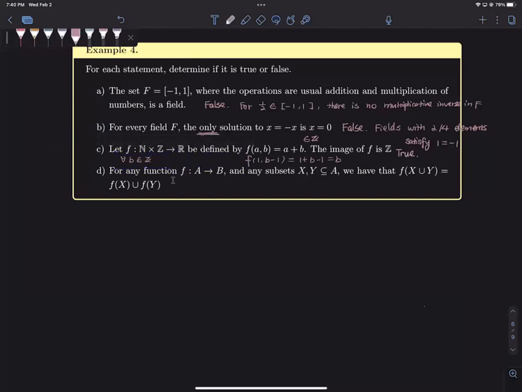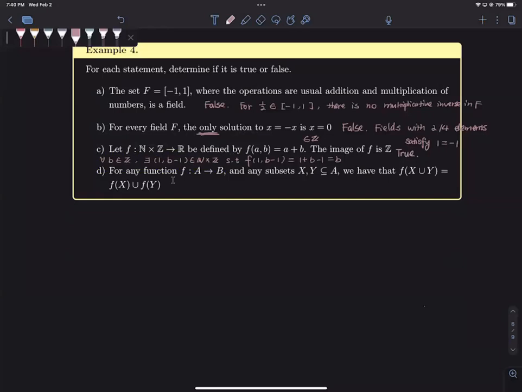For all b in the integers, there exists (1, b minus 1) in the natural numbers Cartesian product integers, such that that equals b, and we're done. Okay, so it is true. Yeah, an integer plus another integer is an integer.